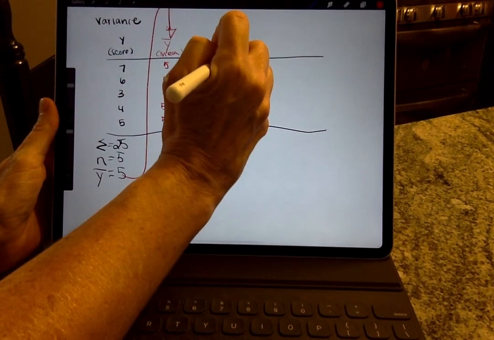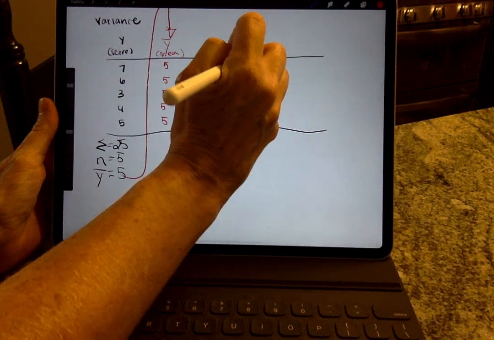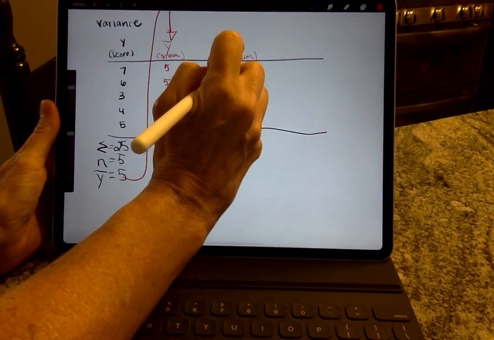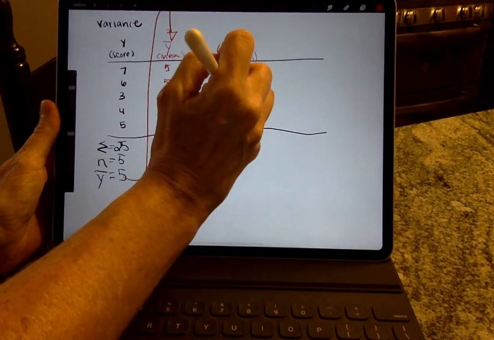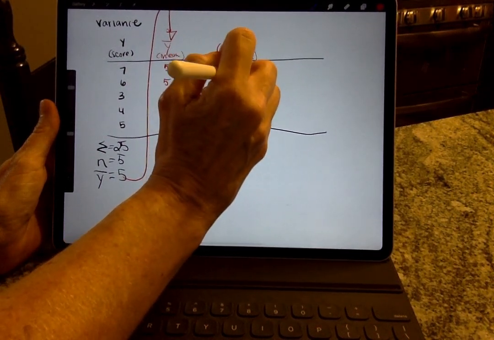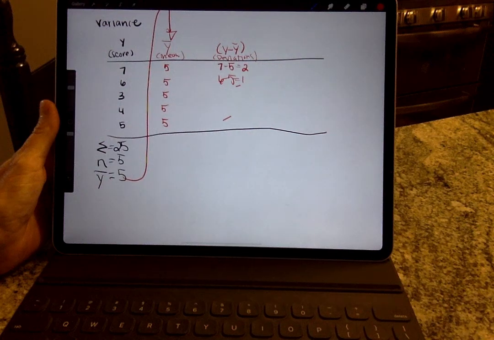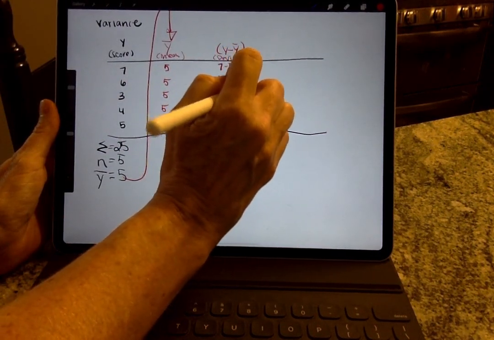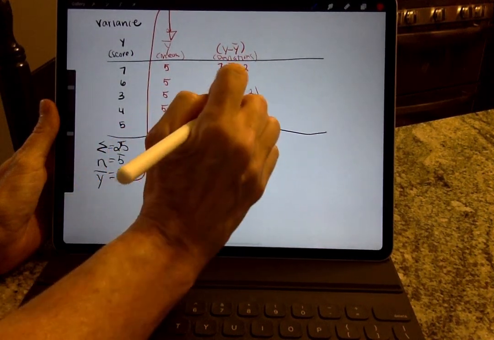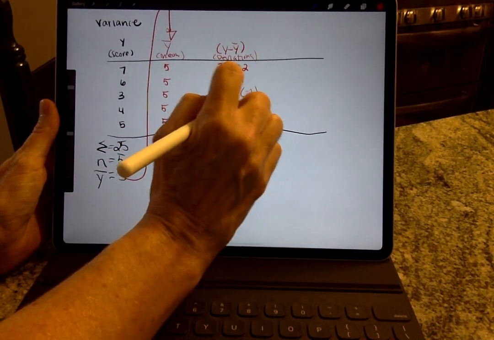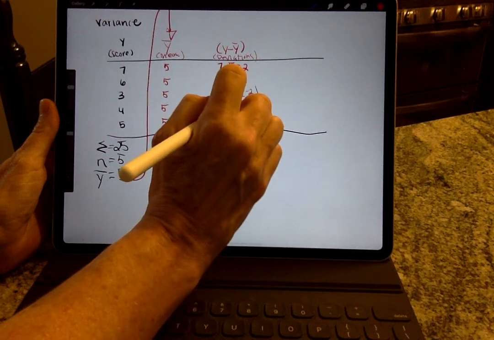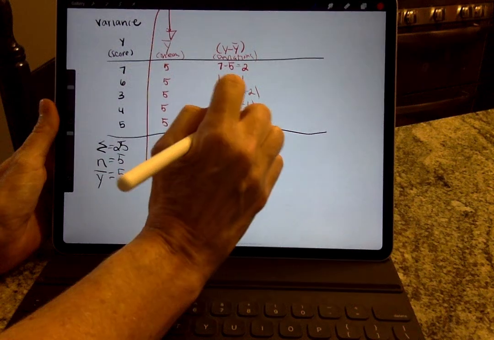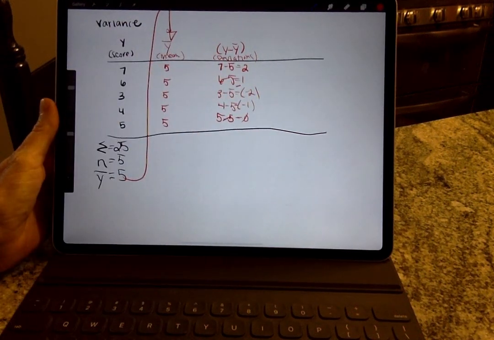For the first one, 7 minus 5 equals 2. 6 minus 5 equals 1. 3 minus 5 is negative 2. 4 minus 5 is negative 1. And 5 minus 5 is 0.